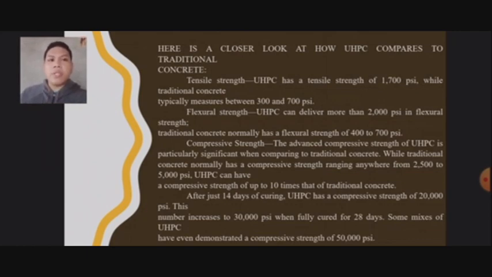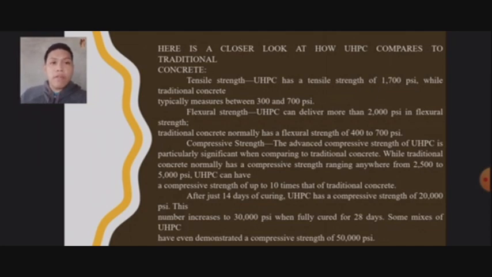In compressive strength, the advanced compressive strength of UHPC is particularly significant when compared to traditional concrete. While traditional concrete normally has compressive strength ranging anywhere from 2,500 to 5,000 psi, UHPC can have a compressive strength of up to 10 times that of traditional concrete.